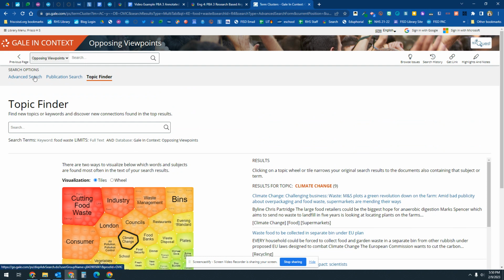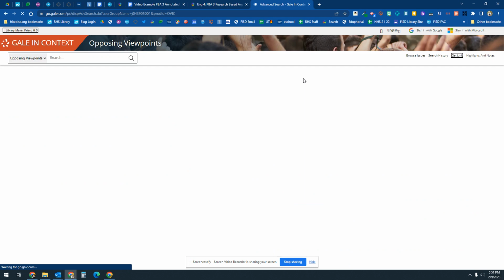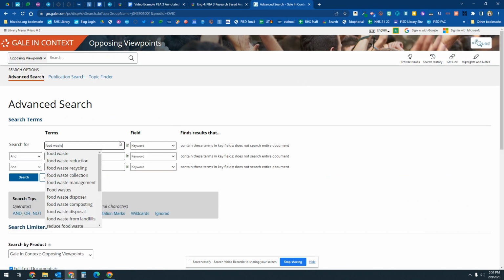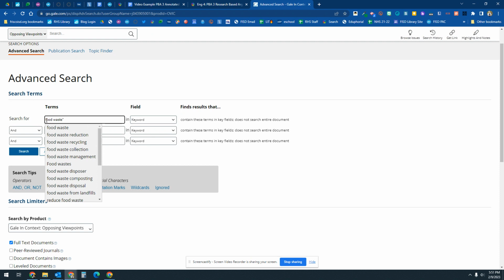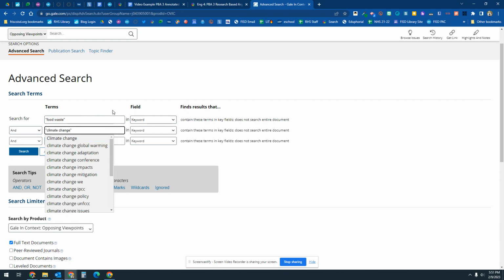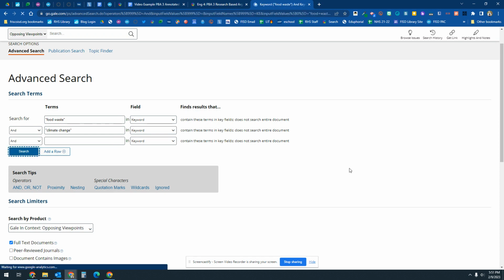Another thing that you can do is go to advanced search here, and I can put in the 2 main terms from my research question. So food waste and climate change, and click search.